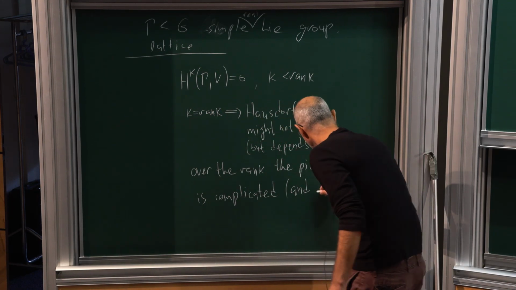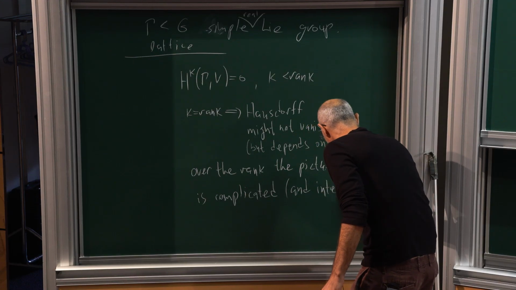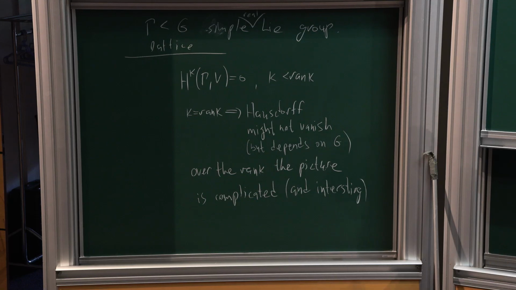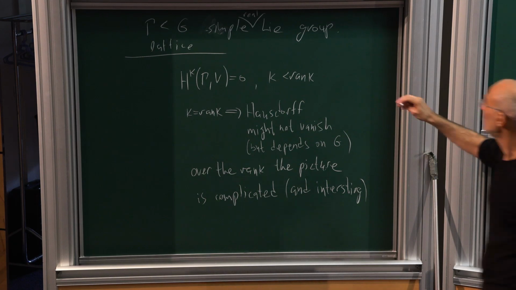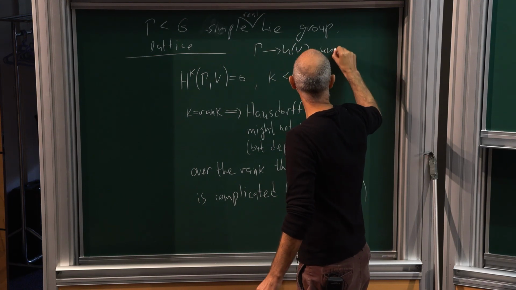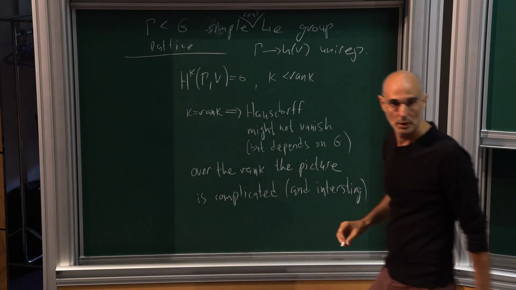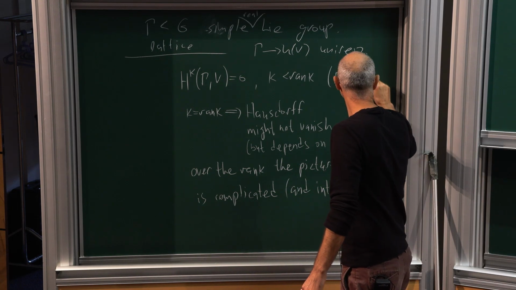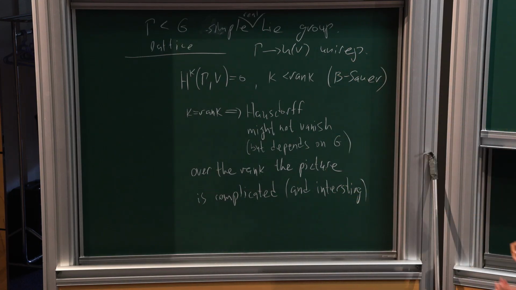Excuse me, you make no assumption on V, it can be arbitrarily large? V could be arbitrarily large, yes. This is a unitary representation on a Hilbert space, arbitrarily large. And this is a result with Roman Sauer that we had recently.